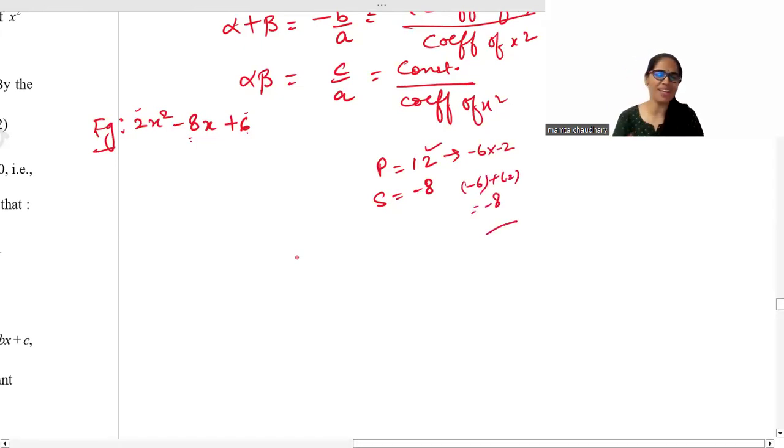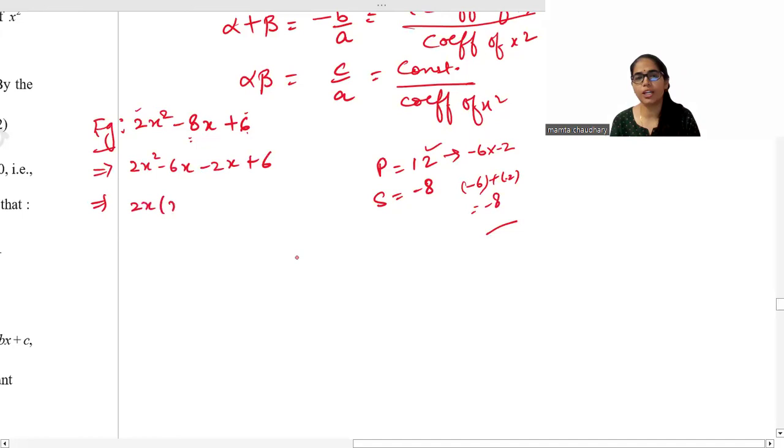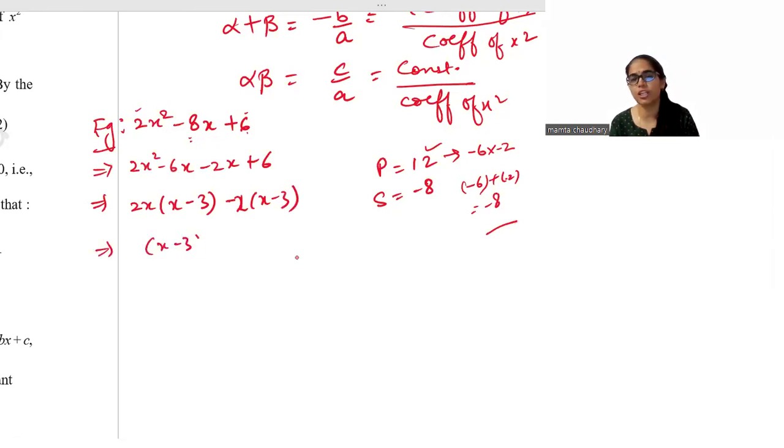So let's write here 2x square minus 6x minus 2x plus 6. Now take common: 2x common here, x minus 3, minus 2 common here, x minus 3. So we got the factors x minus 3 and 2x minus 2.